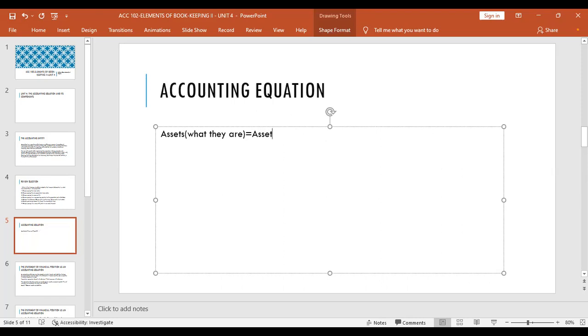Or rather than use assets, let me use resources. I think that's better. Resources, what they have, and who provided them. So this is the accounting equation.